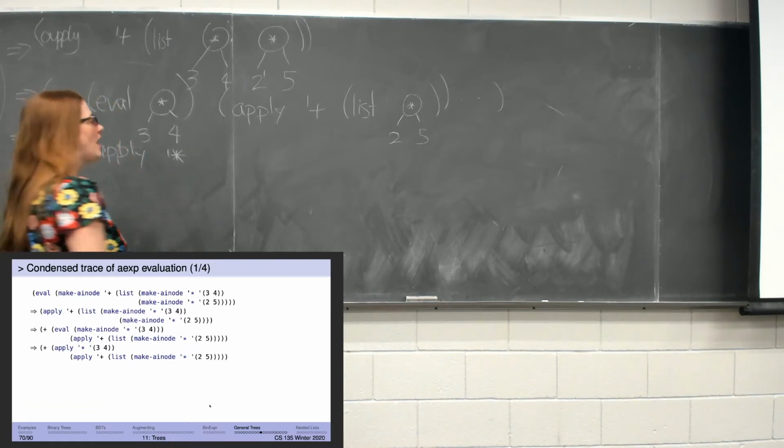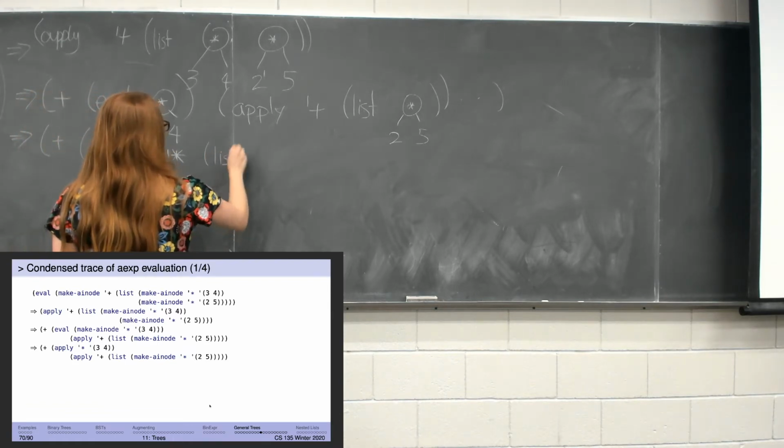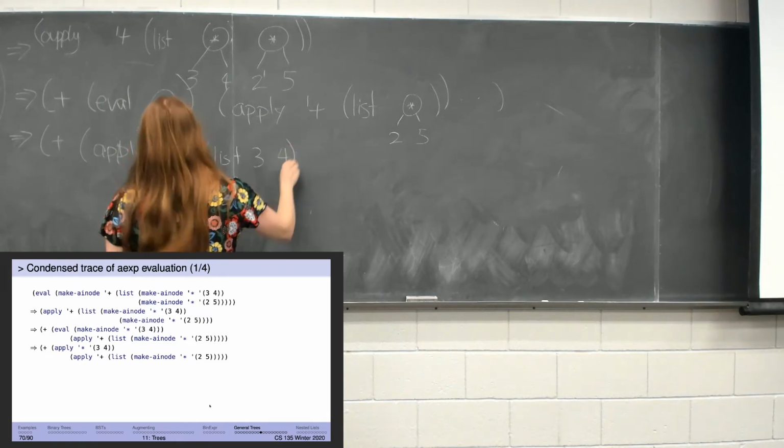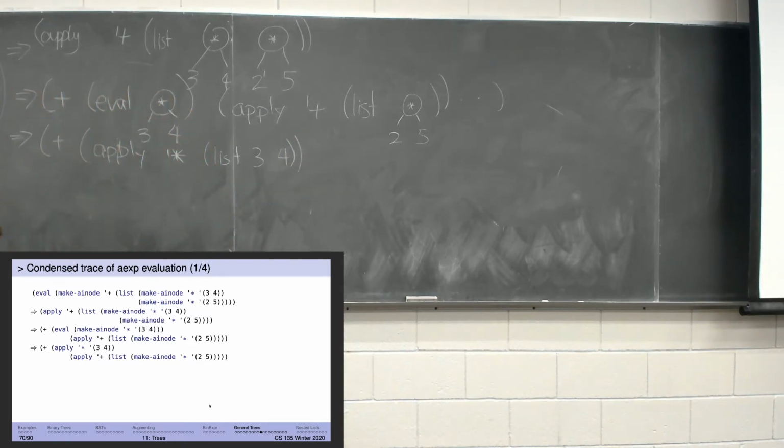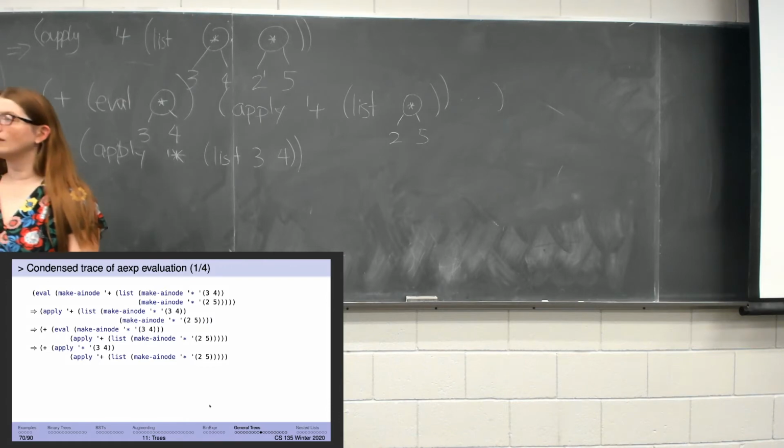So this is going to turn into applying multiply onto that node's children, which are 3 and 4.